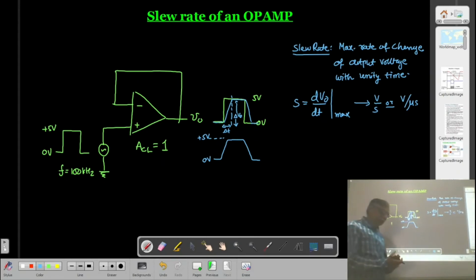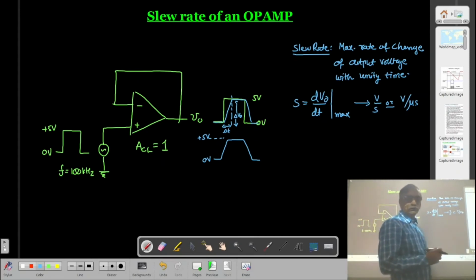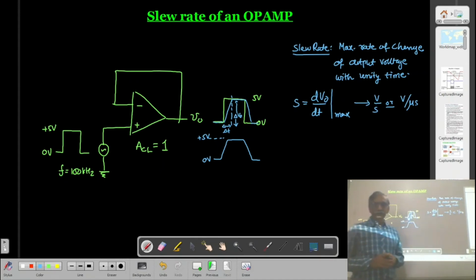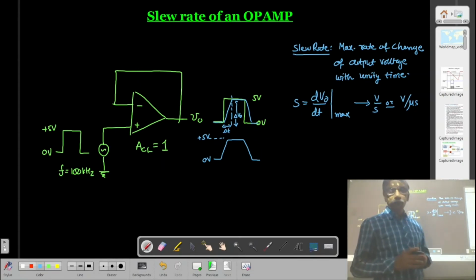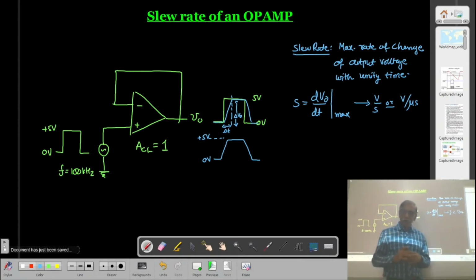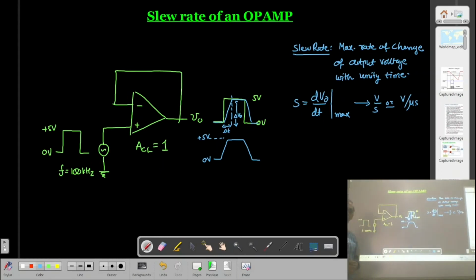Now, what is the reason why the output is not suddenly changing with the input? Whatever operational amplifier we have, inside it there are some capacitors, to improve the high frequency response of the operational amplifier.